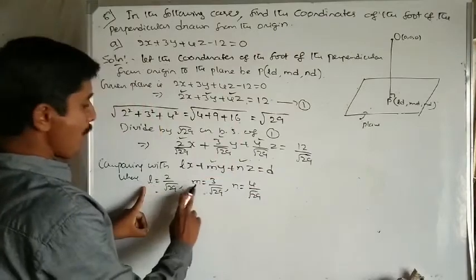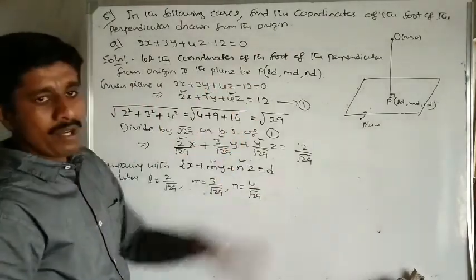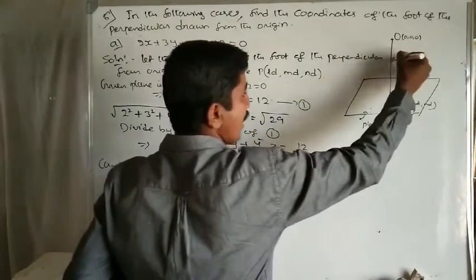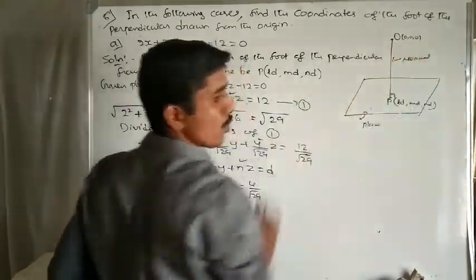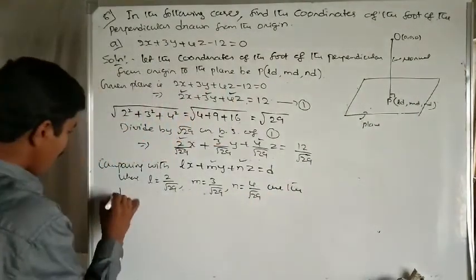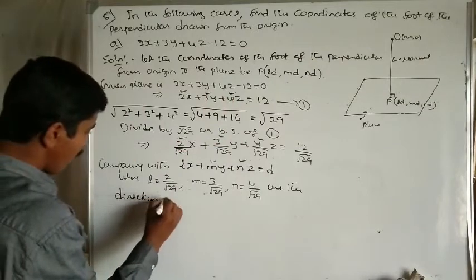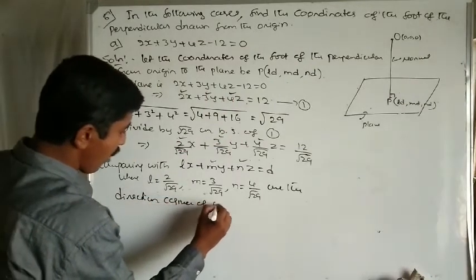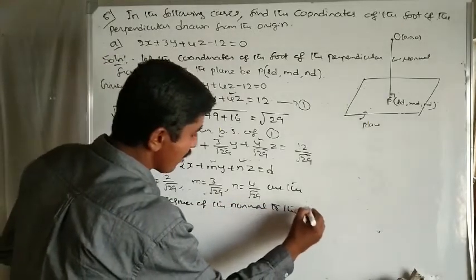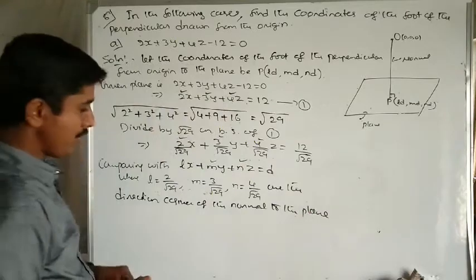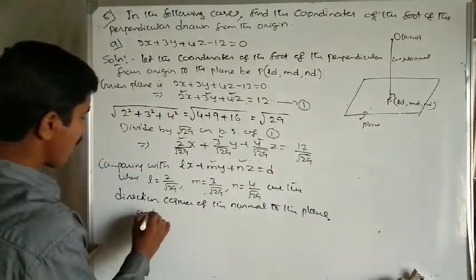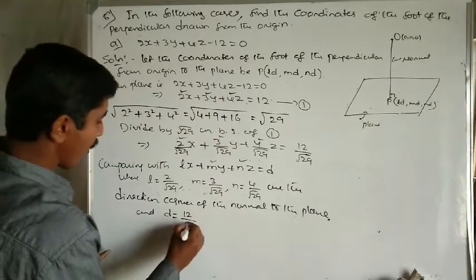Here l, m, n are the direction cosines of the normal to the plane. The OP line is clearly the normal, the perpendicular line. And D is equal to 12 by root 29.